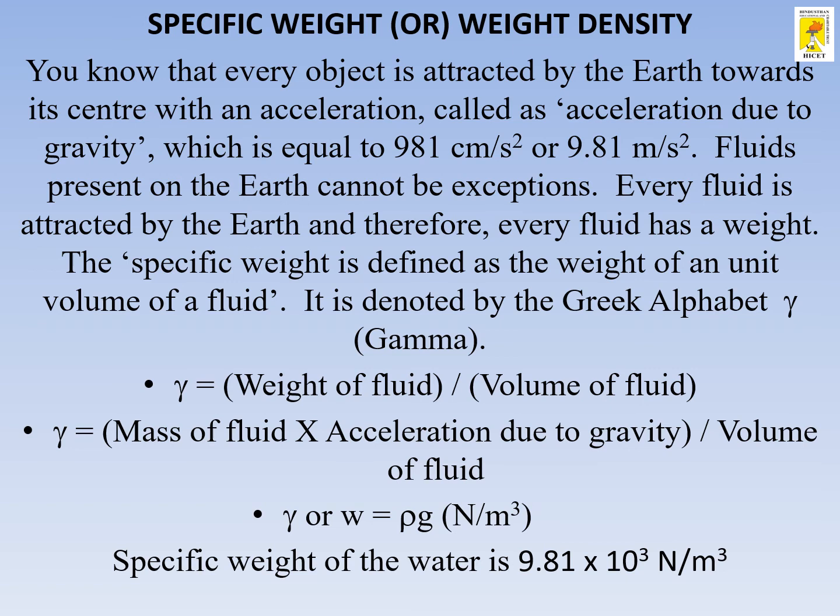The specific weight of water is 9.81 into 10 to the power of 3 Newton per meter cube. Normally this is also stated as gamma, or specific weight or weight density, is equal to rho g. It is also applicable.